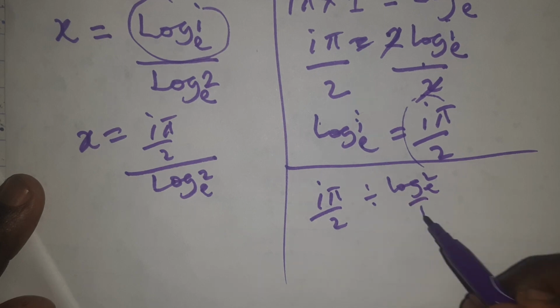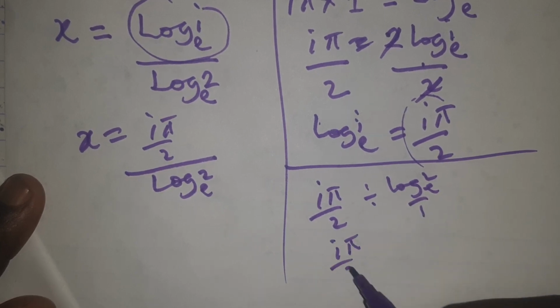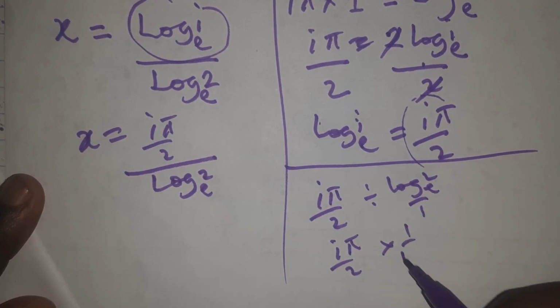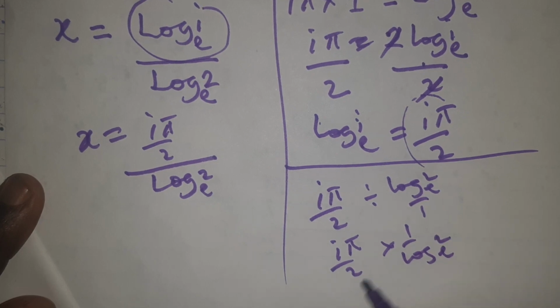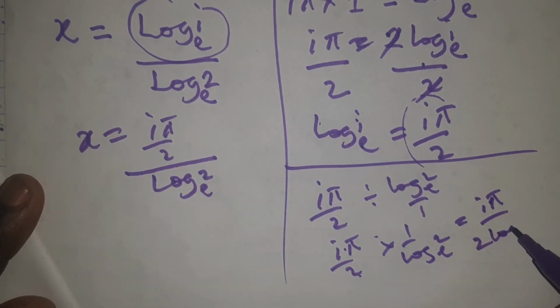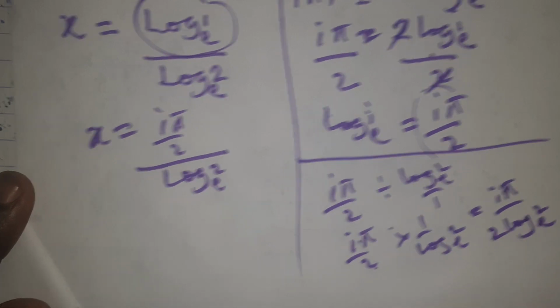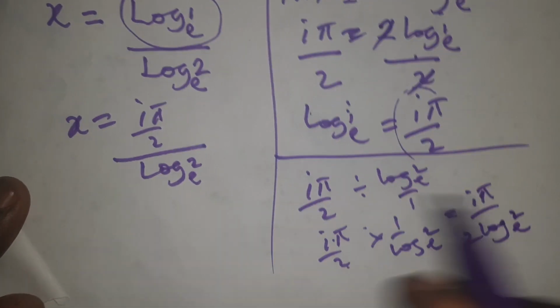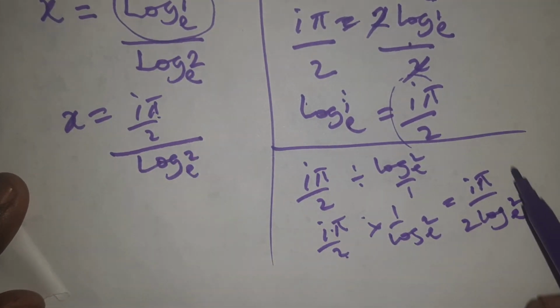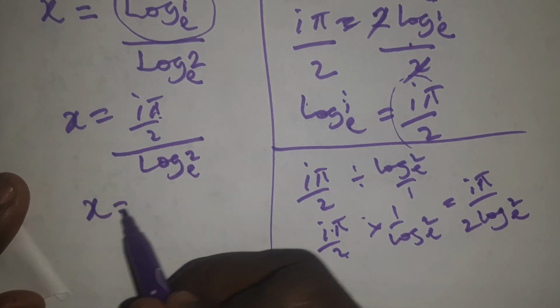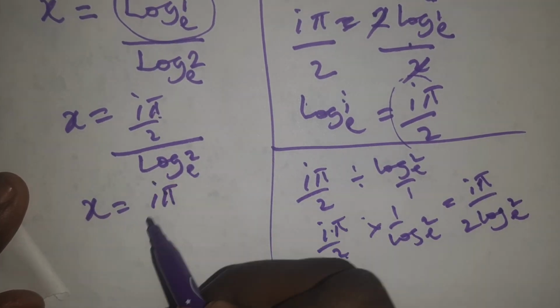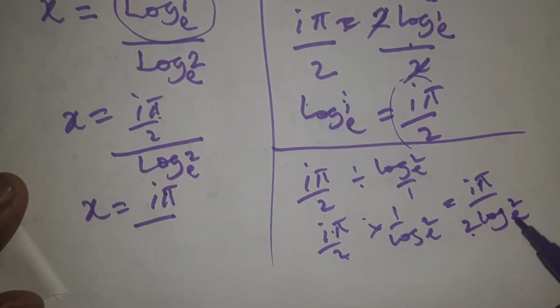Of course, this is over 1. Then you now have i pi over 2 times 1 over log 2 to the base e. This times this gives me i pi. 2 times log 2 to the base e gives me 2 log 2 to the base e. So x will now be equal to i pi over 2 log 2 to the base e.